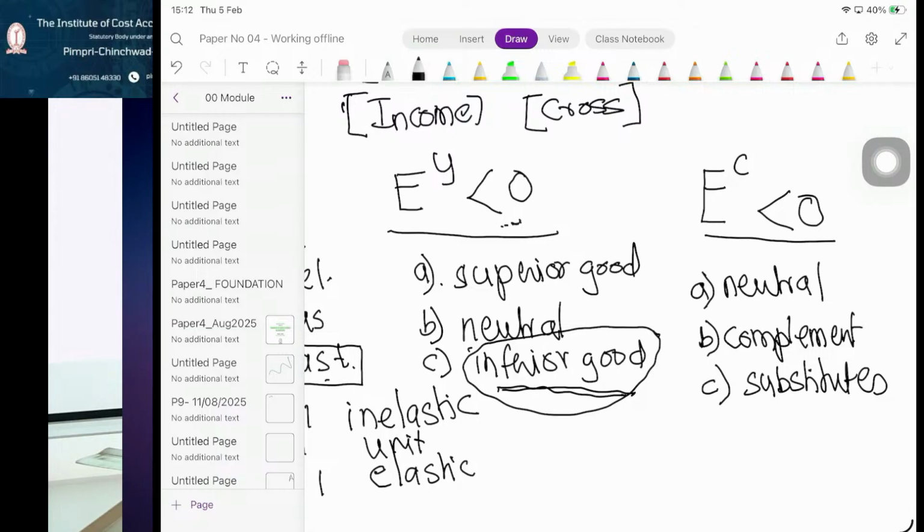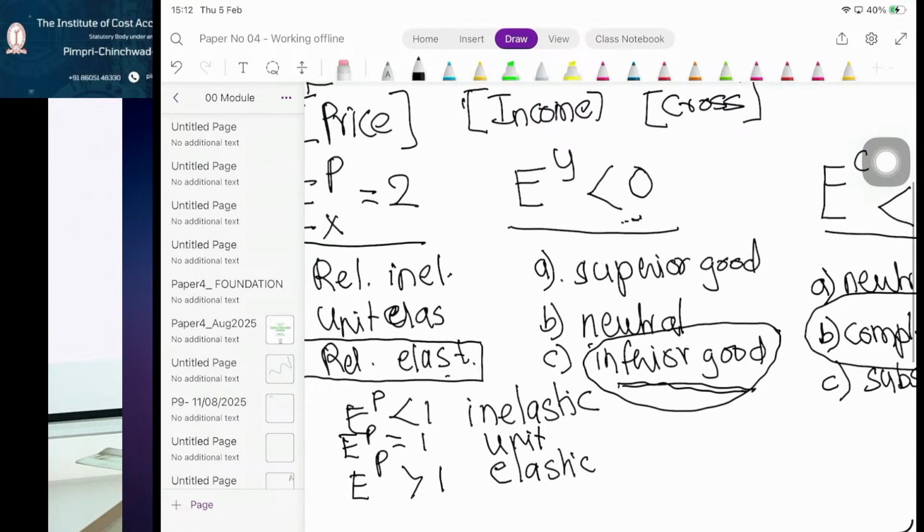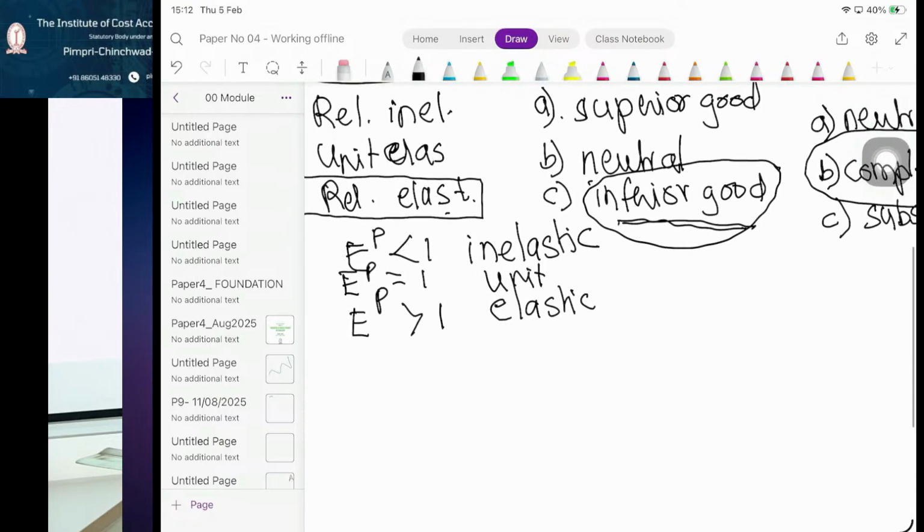If the computed cross elasticity of demand is negative, perfect, that's absolutely right. Did you get this? You have to know this. There's no other option but to exactly know this.